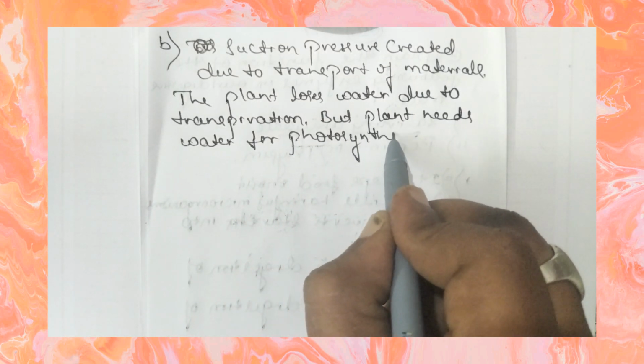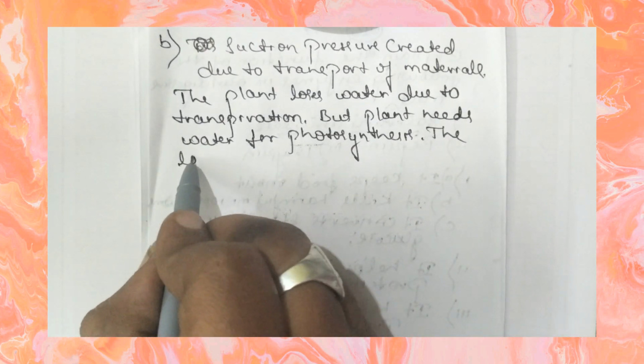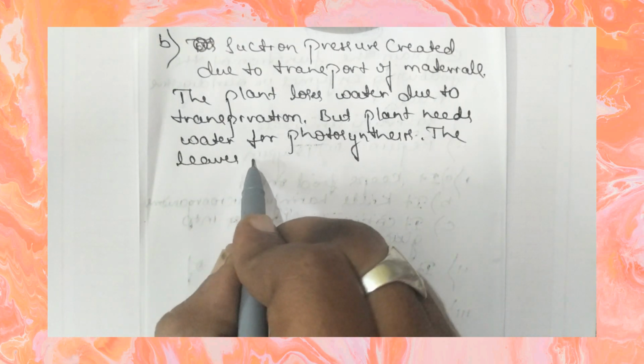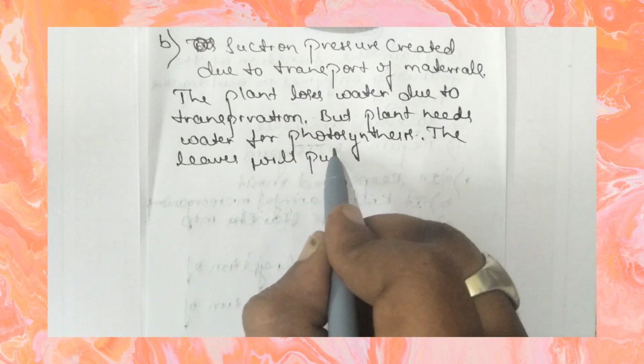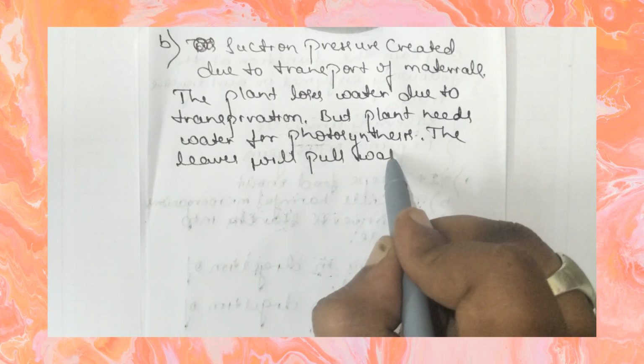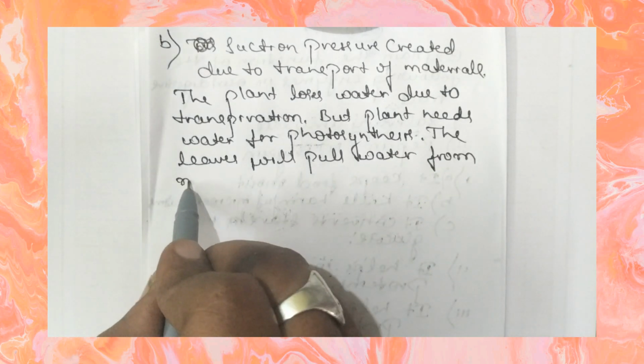For photosynthesis, the leaves will pull water from the nearby xylem.